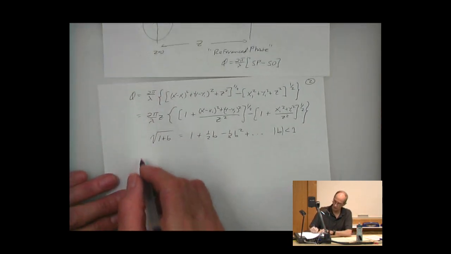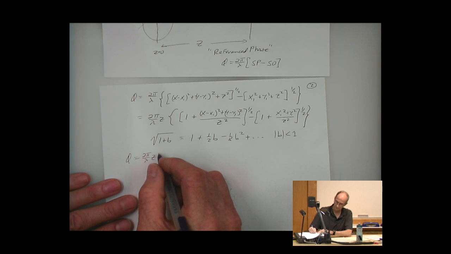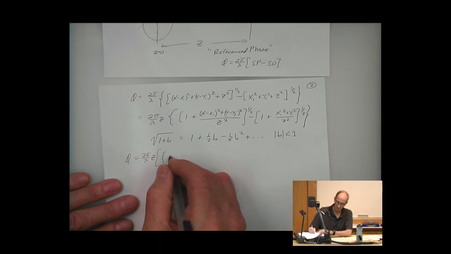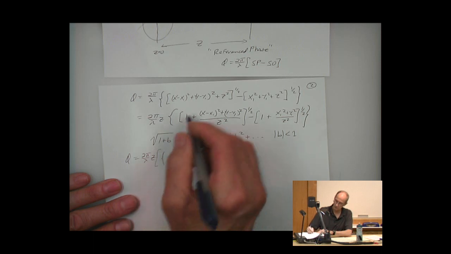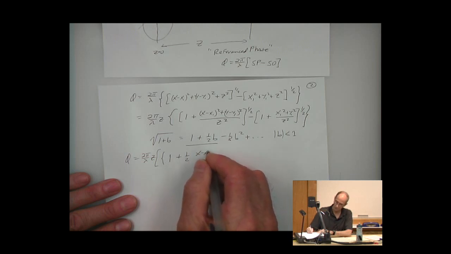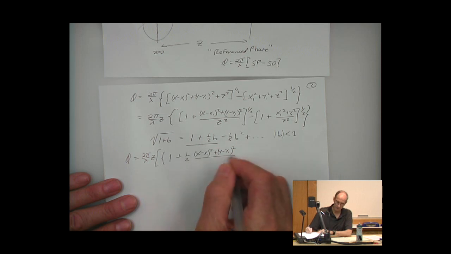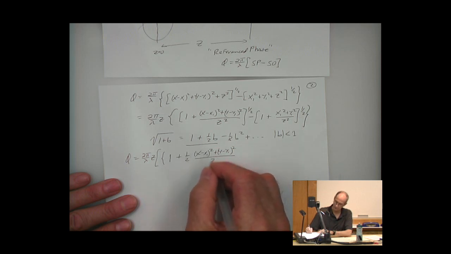And so now we have phi is, again, 2 pi over lambda z times 1 plus, just using the first two terms of this expansion, 1 plus a half x minus x1 squared plus y minus y1 squared divided by z squared.